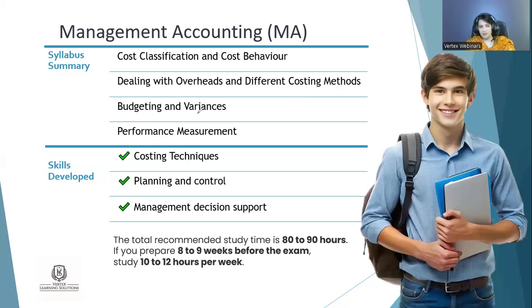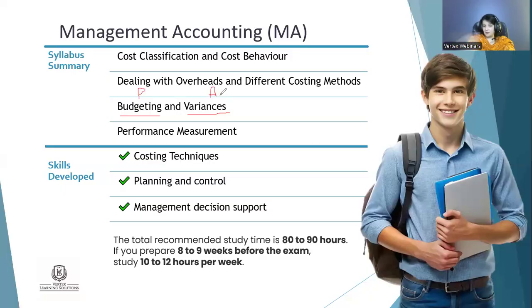So budgeting and variances. Budgeting is totally the planned cost. You're planning. Obviously, I told you the word associated with management accounting, the budgeted. Budgeting is your planning. You plan. You decide. This is in your hand. This much amount of money you can spend, right? So this is your planned cost. Then what happens? The actual results you need to check.